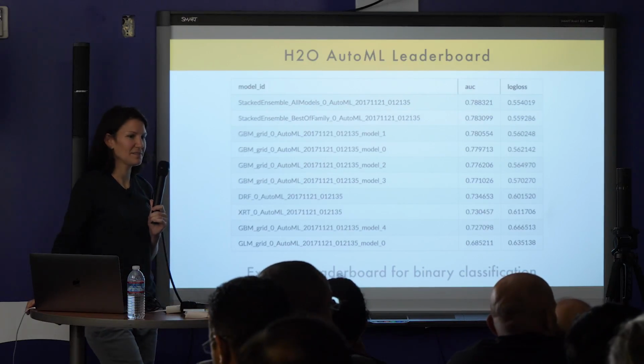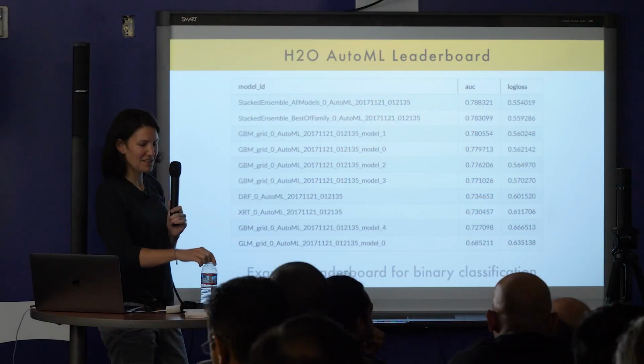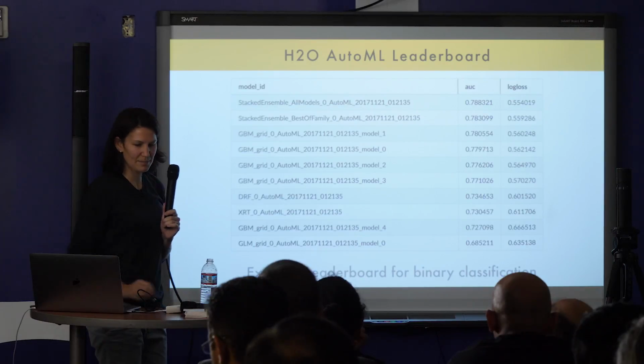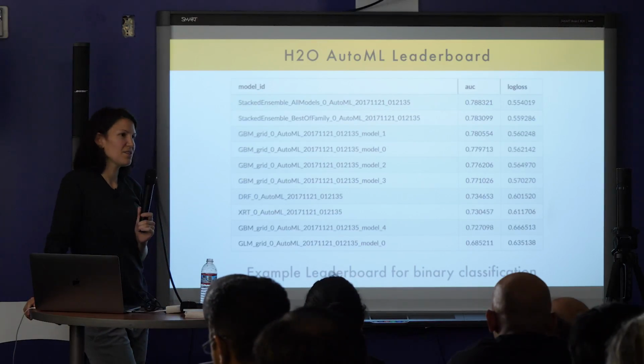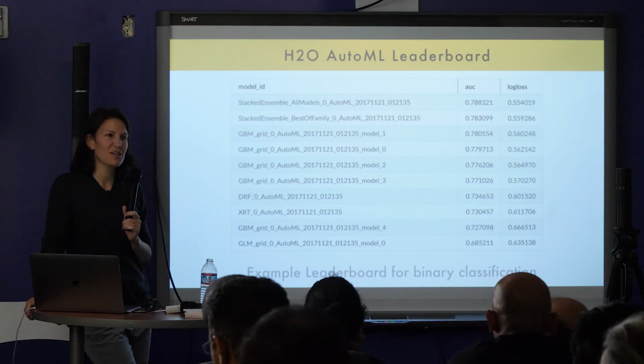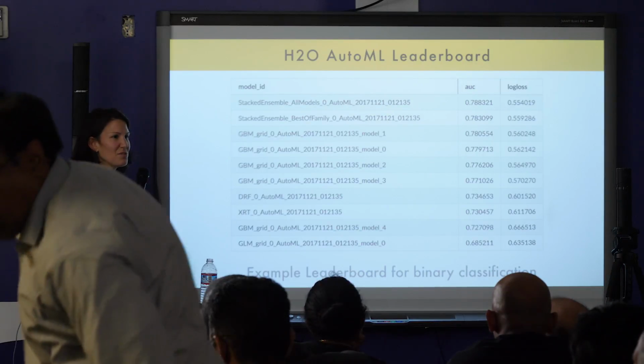Yeah, question? How do you translate your business problem into AutoML? That's a good question. There's not a simple answer to that. So the question was, how do you translate your business problem into AutoML?